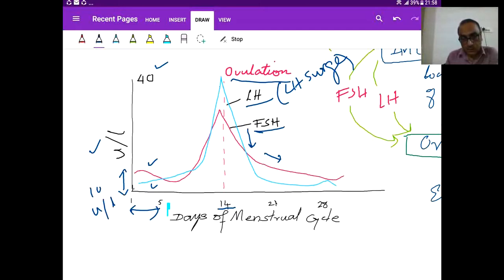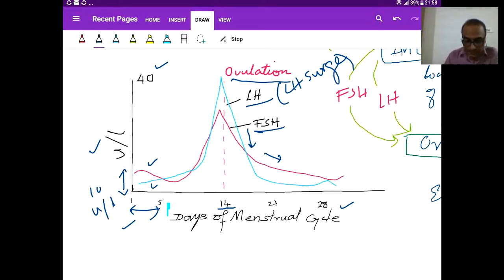So from 40 units per liter, or slightly less in case of FSH, the levels of these 2 hormones have come down to below 10 units per liter. So this is how the graph shows, from day 1 to day 28, how the levels of these 2 hormones change, and their increased levels are responsible for ovulation.